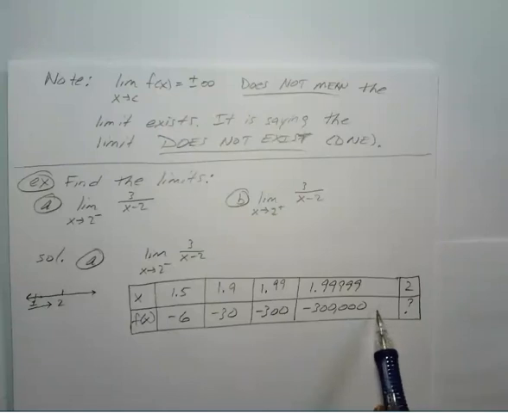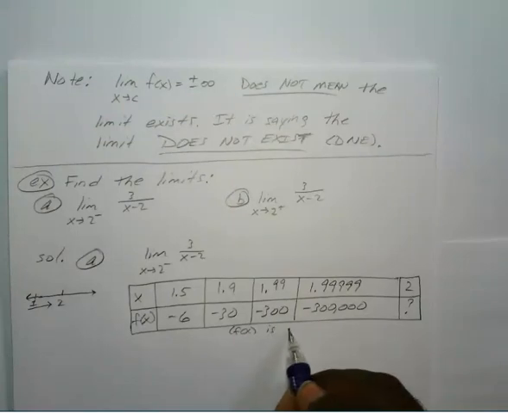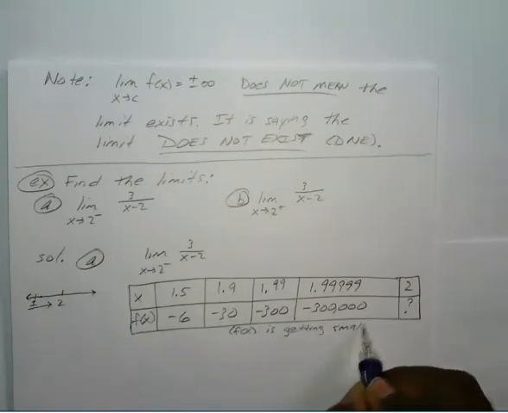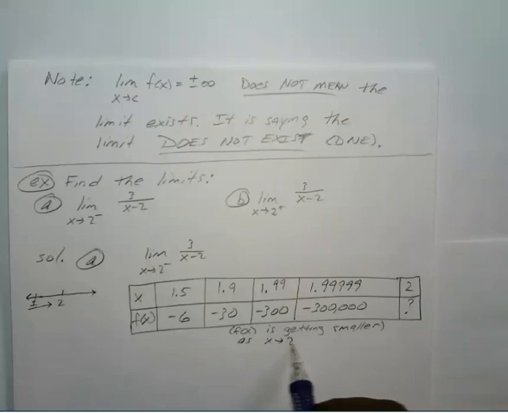And you see it's getting smaller and smaller. f of x is getting smaller as x approaches 2 from the left.